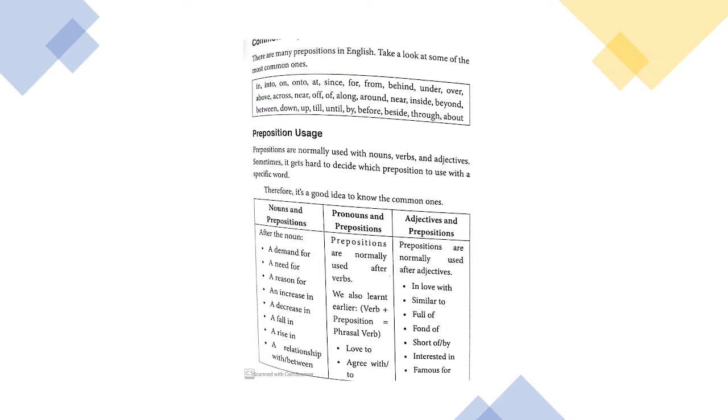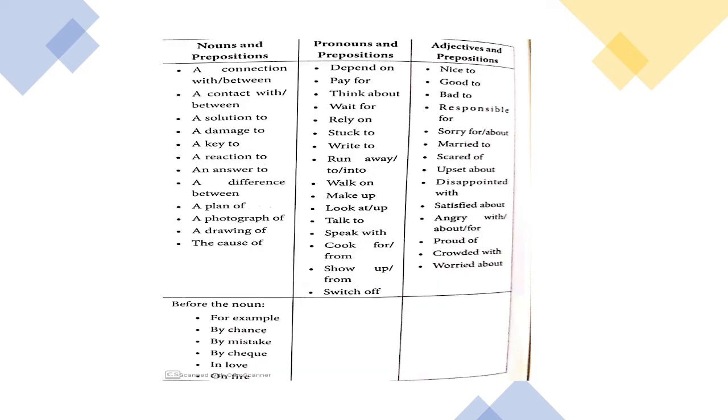Prepositions are normally used after verbs. We also learned earlier verb plus preposition, phrasal verbs: listen to, agree with or to. And prepositions are normally used after adjectives: in love with, similar to, full of, fond of, short of, interested in, famous for. In the noun section: a connection with or between, a contact with or between, a solution to, a damage to, a key to, a reaction to, an answer to, a difference between, a plan of, a photograph of, a drawing of, the cause of.